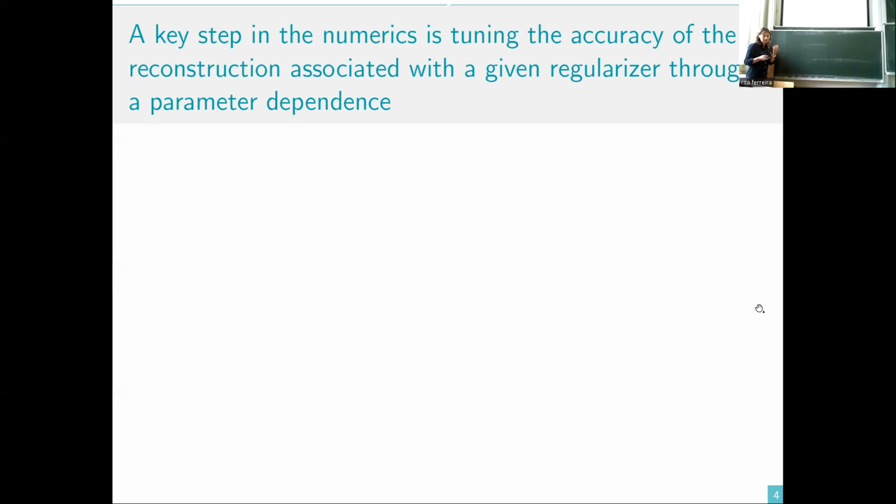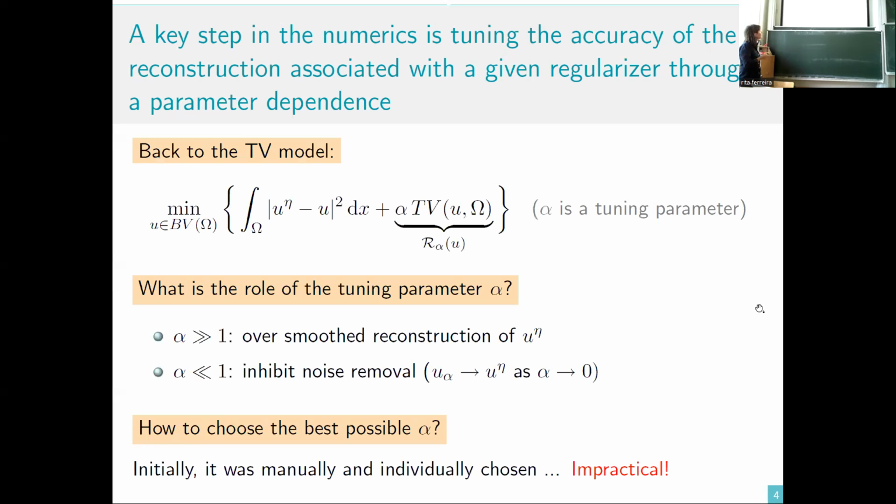Let's get a good feeling for this TV model. What is the role of alpha here? If you take alpha very big, we are in a minimization problem, so we want the lowest energy possible. So if alpha is very big, this means in the minimization process you want TV very low. You want to compensate. If TV is too low, then it's too regular, you are over-smoothing.